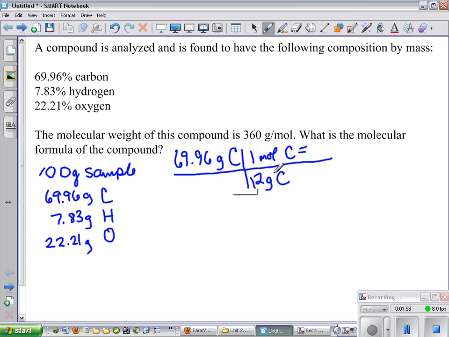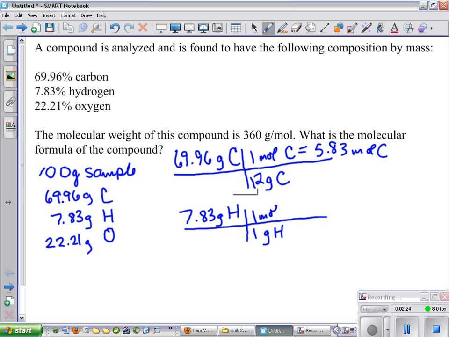So that gives us 5.83 moles of carbon. We do the same thing with hydrogen. 7.83 grams of hydrogen, and there's 1 gram of hydrogen in 1 mole of hydrogen.